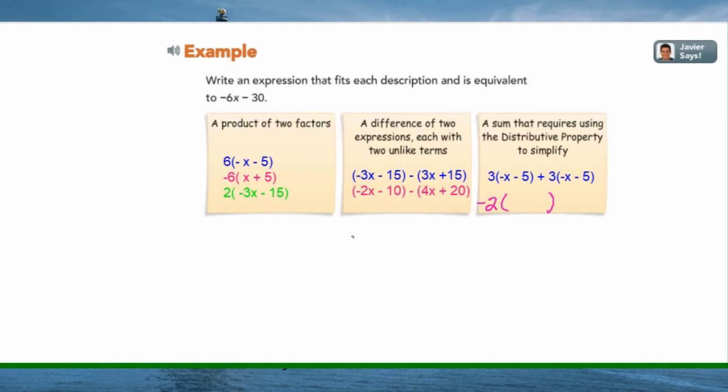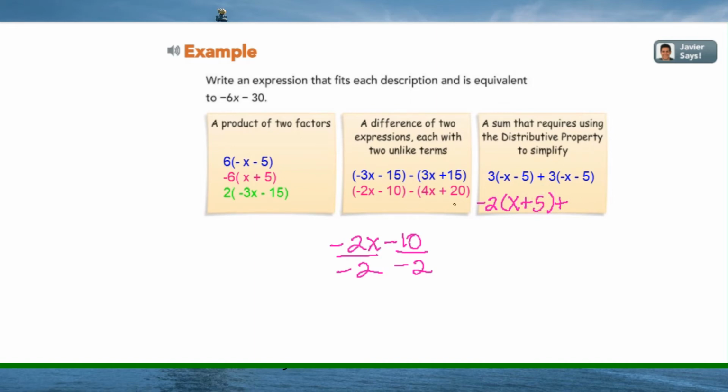So now to figure out what goes inside of the parentheses, you have to remember whatever you factor out, you divide each term by that number, and whatever it simplifies to goes inside of the parentheses. So negative 2x divided by negative 2 is x, and then negative 10 divided by negative 2 is a positive 5.